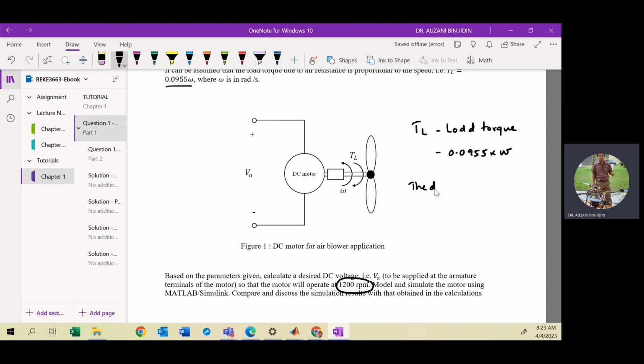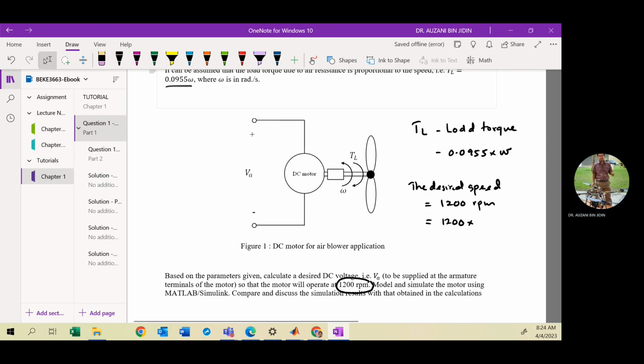So the desired speed is 1200 RPM. You have to convert it by multiplying by what value? 2 pi divided by 60.